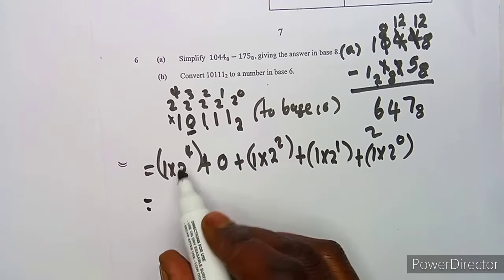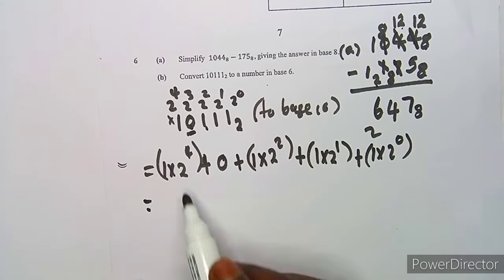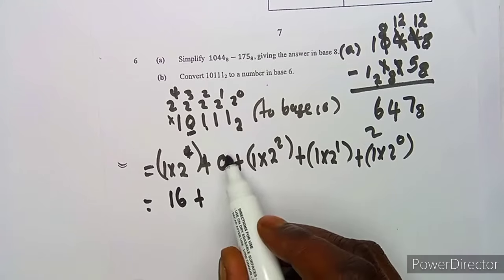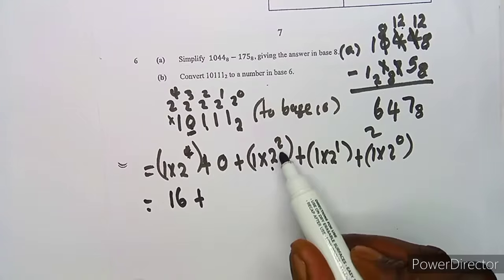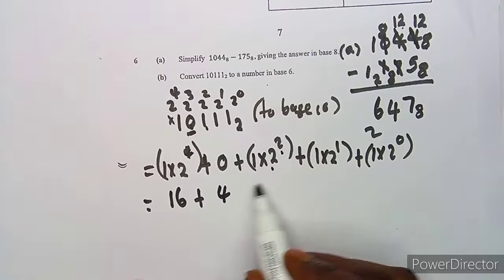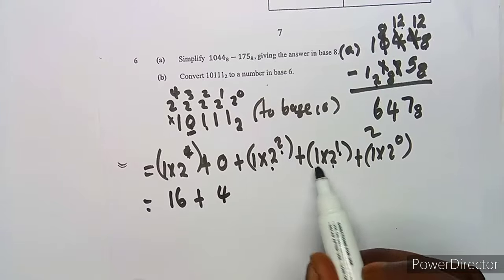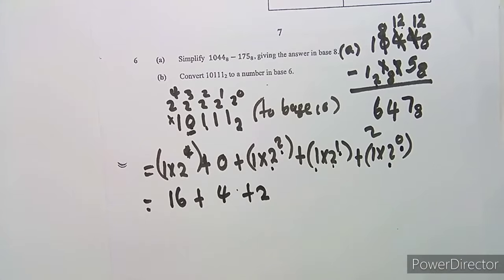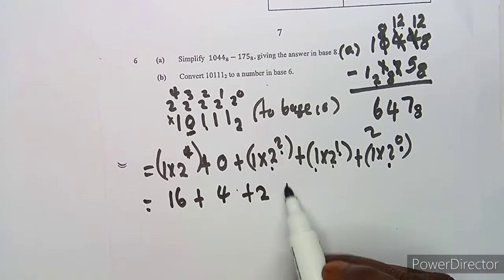So let's simplify, guys. 2 to the exponent of 4 is 16, times 1, which is 16, plus this one, there's no need for us to write it. 2 to the exponent of 2 is 4, times 1, which is 4. This one is 2 times 1, which is 2. 2 to the exponent of 0, remember any number to the exponent of 0 is 1, times 1, which is 1.